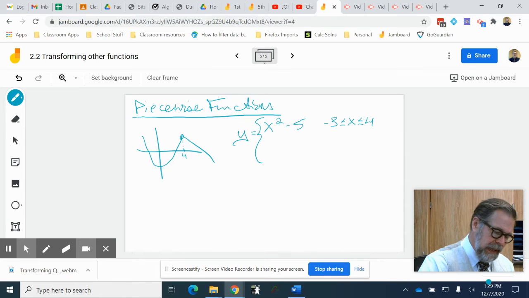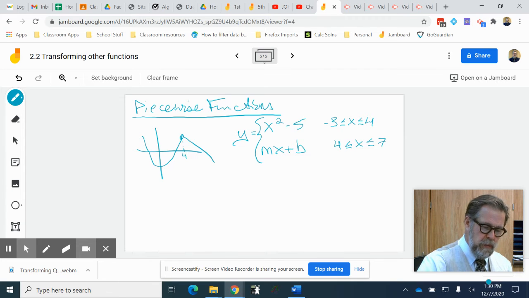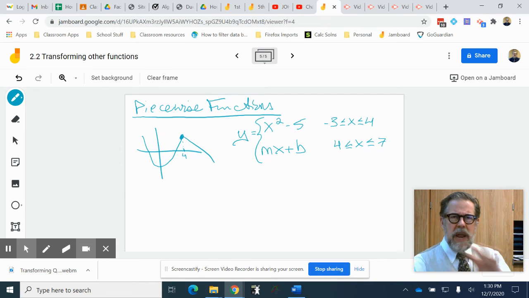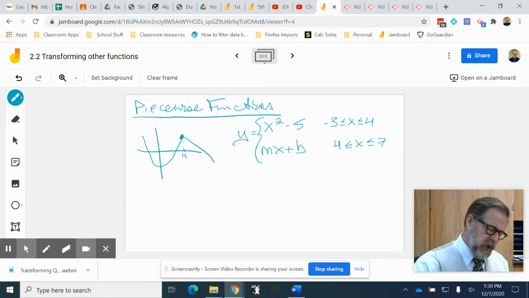I need some linear function, mx plus b, for 4 less or equal to x, less or equal to, say, 7. And whatever that is, we're just going to assume that they meet up right here. So whatever m and b are, they're going to equal 11 when x is equal to 4. Irrelevant for the purposes of our discussion.